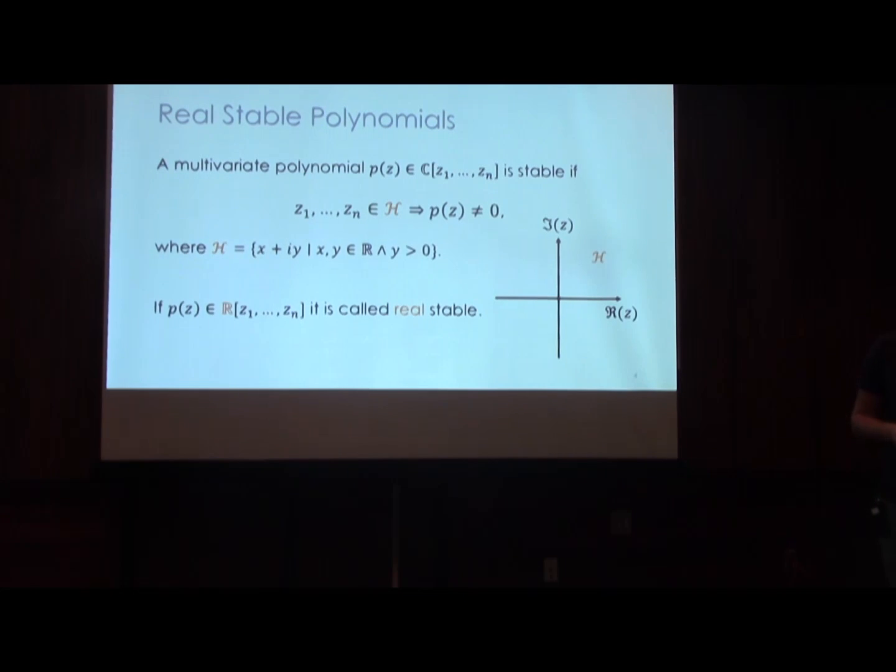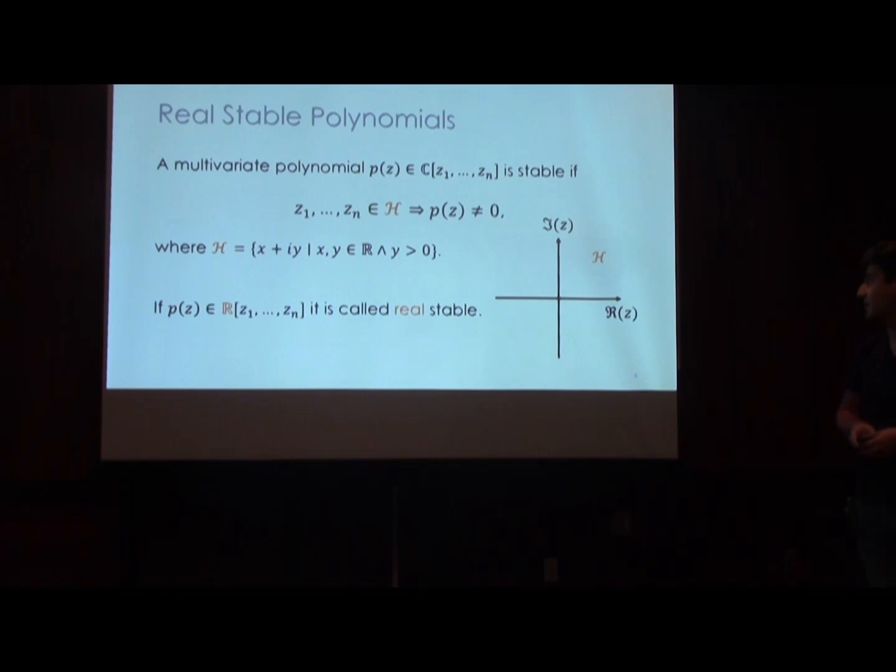Now, if my polynomial happens to have real coefficients, I call it real stable. So until now, the polynomial could have complex coefficients, but for the rest of the talk, I'm going to be working with polynomials that have real coefficients, and I'm going to be calling them real stable.